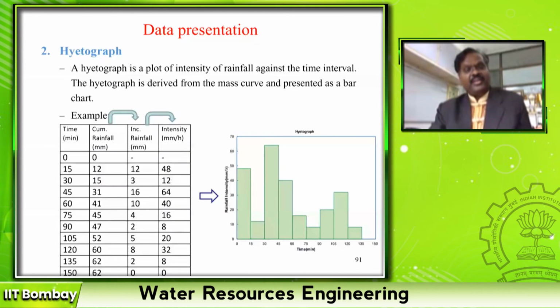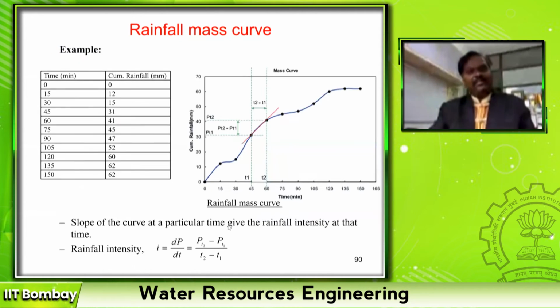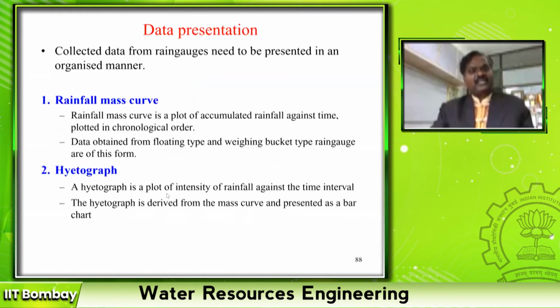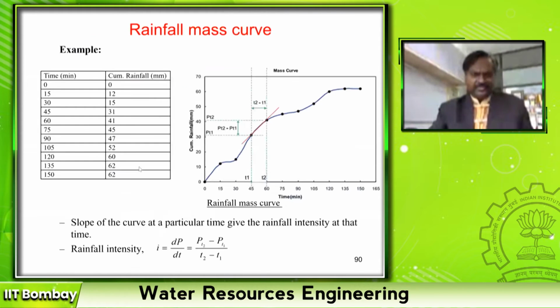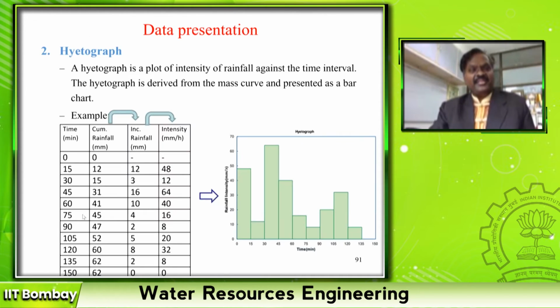Hyetograph is another way of representing the rainfall. It is the graph between duration of the rainfall and rainfall intensity. Please remember, in the mass curve it is only the depth. You can see here it is cumulative rainfall, or depth of rainfall, versus duration of rainfall, whereas the hyetograph shows intensity. This is the hyetograph: intensity of rainfall versus duration.